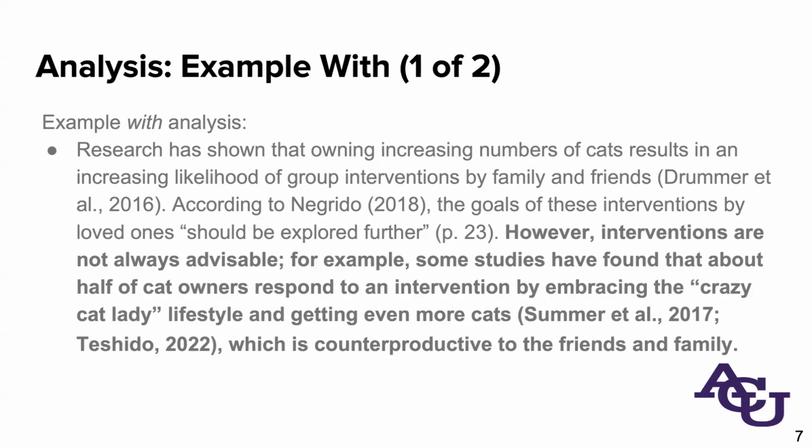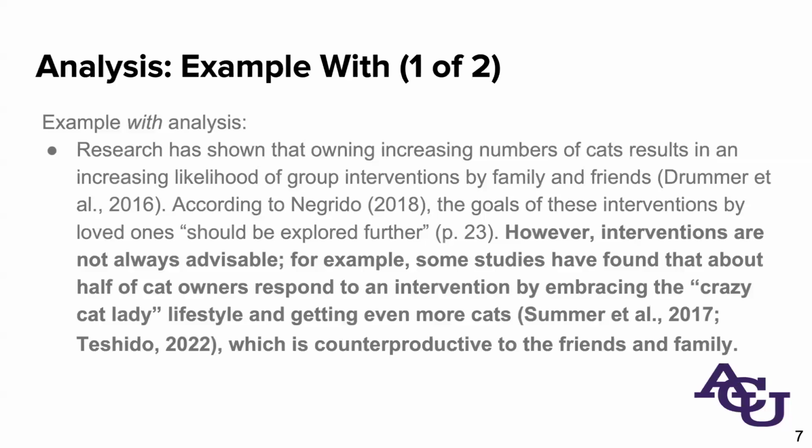However, interventions are not always advisable. For example, some studies have found that about half of cat owners respond to an intervention by embracing the crazy cat lady lifestyle and getting even more cats, which is counterproductive to the friends and family.